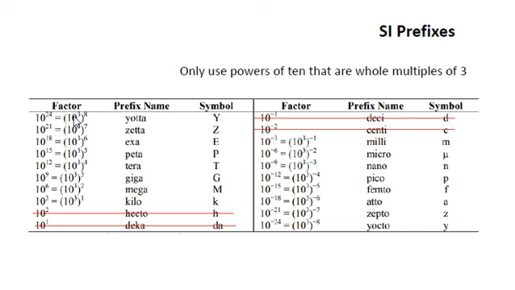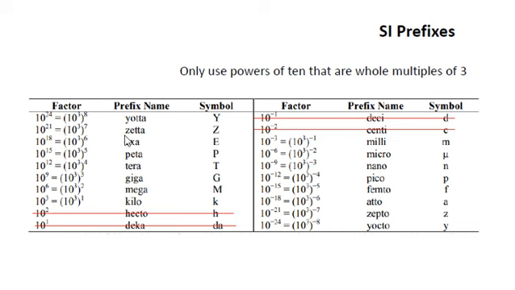So 10 to the power 3 is now our base, and then we have the numbers to make this. So if your base is 10 to the power 3, and then your power is 8, we call it yotta.